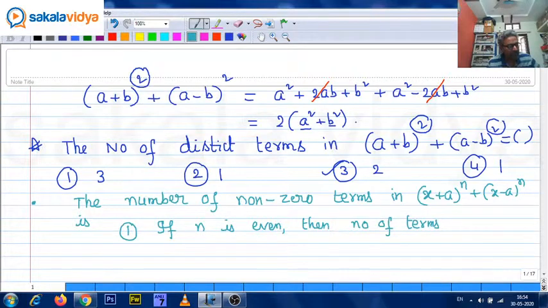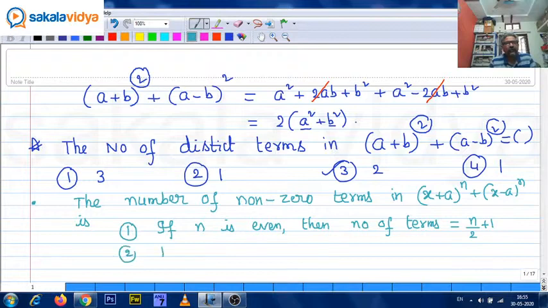If n is even, the number of terms equals n by 2 plus 1. You see here, 2 by 2 is 1, 1 plus 1 is 2.